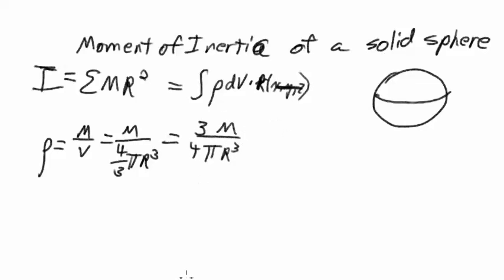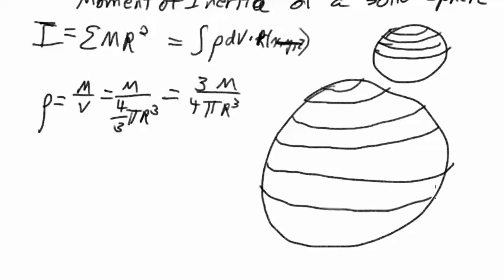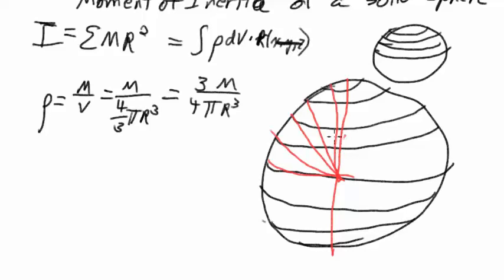Now the differential volume element, I'm going to imagine, well, I could draw this bigger. Imagine a bunch of latitude lines, and they measure basically an angle theta coming down from the top of the sphere.